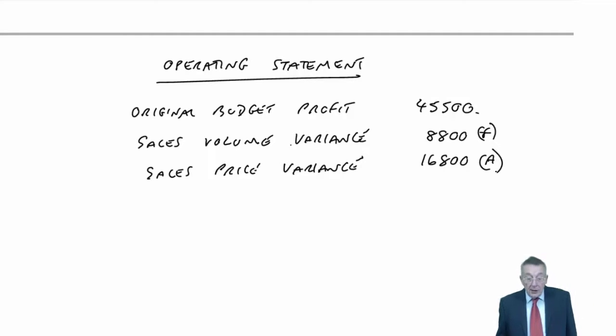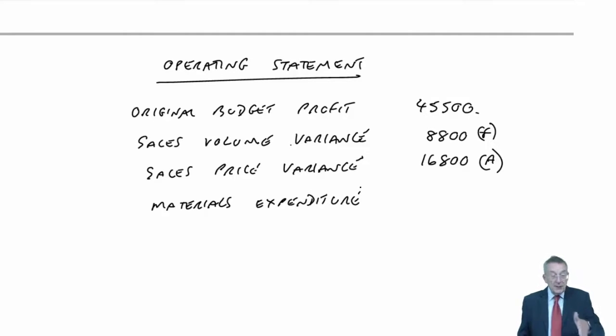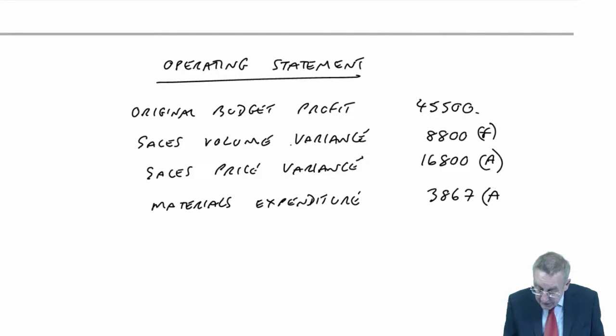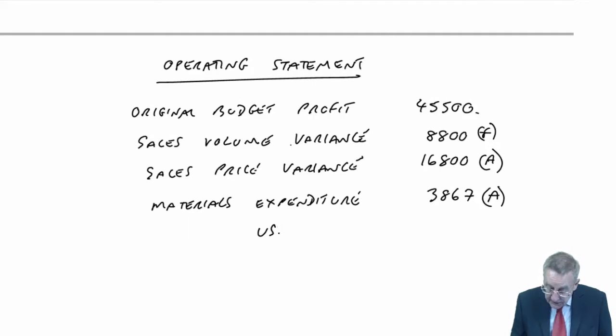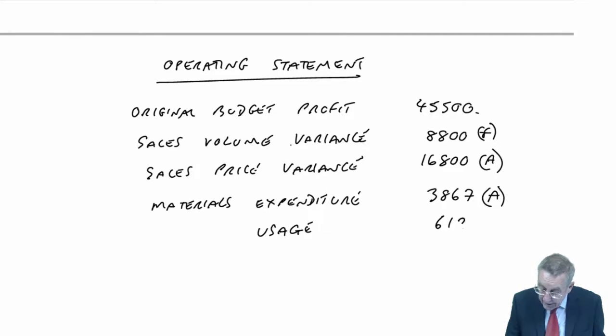We now list all the cost variances, and so here's where I'll do my best to remember them. Materials, there was a materials expenditure variance. 3,867 adverse. We had a materials usage variance. The materials usage was 612, I think, favourable.